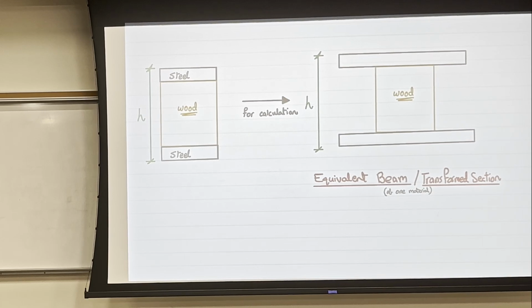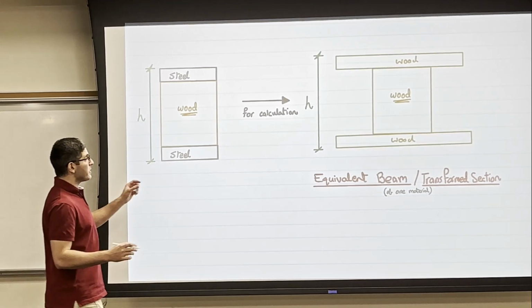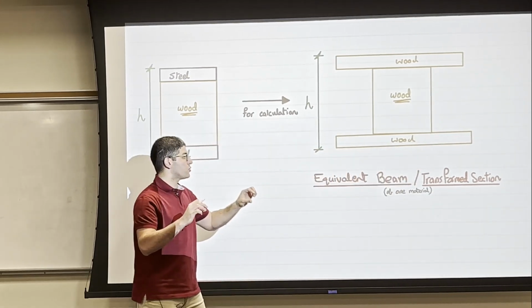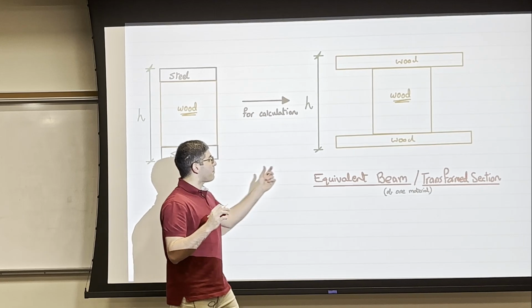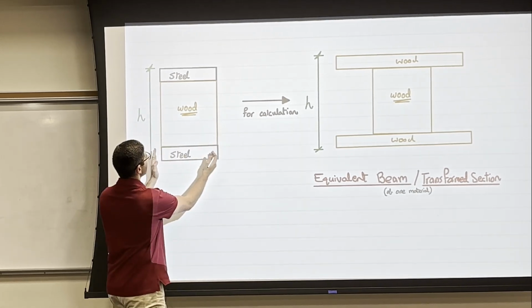Now this is wood, and this one is wood now. So I increase the dimension of the wood. I widen the wood so that it can carry an equivalent load to what this steel was carrying.